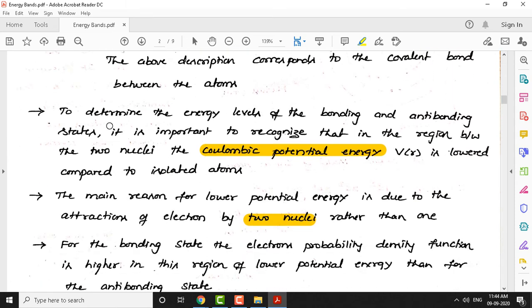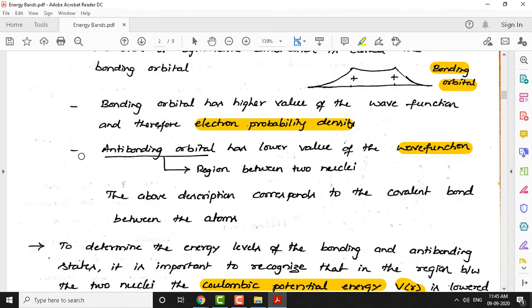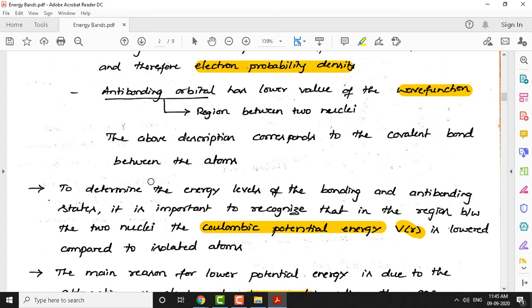Now to determine the energy levels of the bonding and anti-bonding states, it's important to recognize that in the region between the two nuclei there is a Coulombic potential energy, shown by V of R. In the diagram, this vertical line shows V of R, the Coulombic potential energy function.